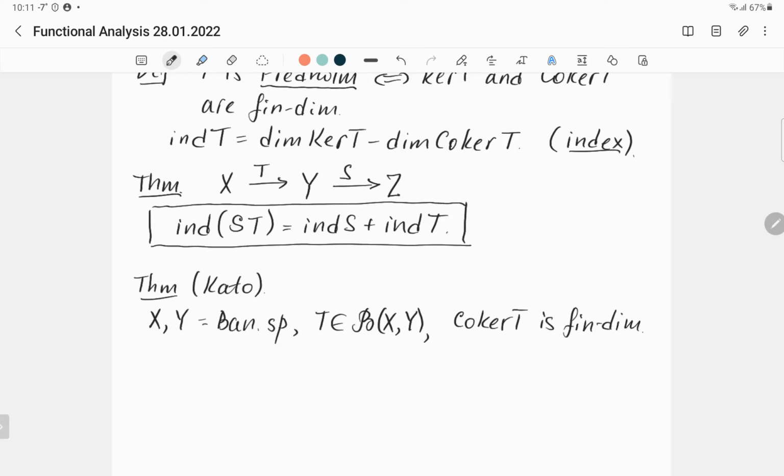I claim that the image of T is automatically closed in Y. The image of T is closed. So in particular, we see that the image of any bounded Fredholm operator is closed.